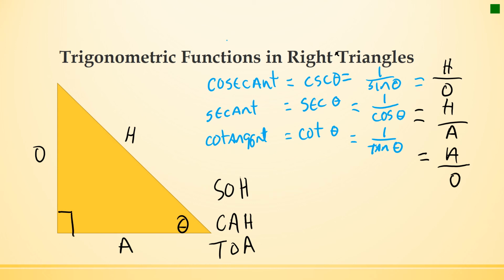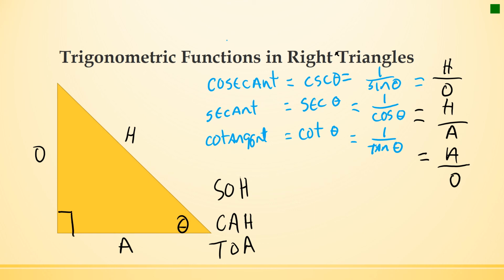We've got a cosine, which is the adjacent over hypotenuse. And the secant is 1 over the cosine, which means that the secant would be the hypotenuse over the adjacent. And we've got a tangent, which is the opposite side over the adjacent side. Therefore, the cotangent, being the reciprocal of that, is 1 over the tangent of theta, which would make it the adjacent side over the opposite.